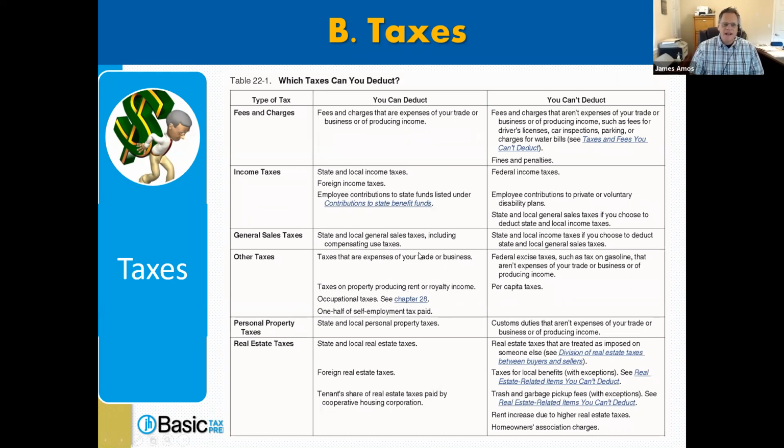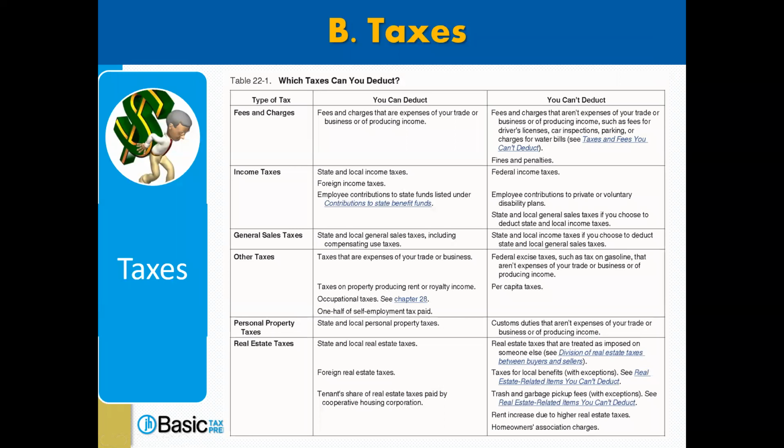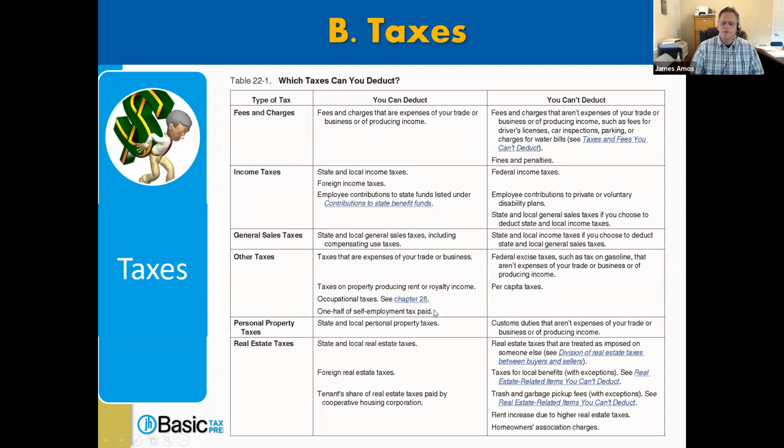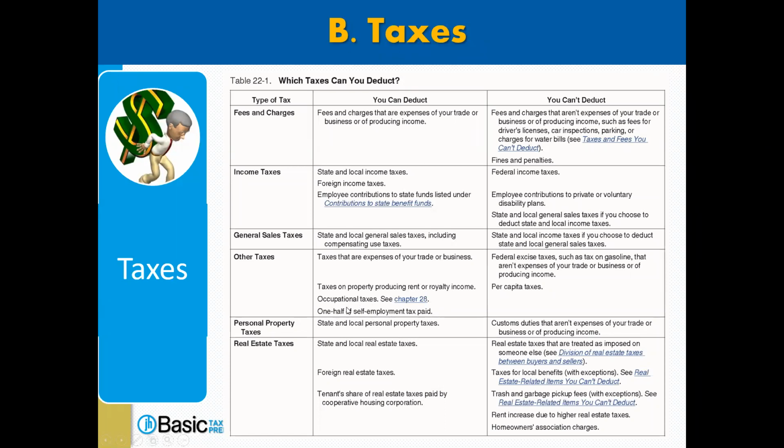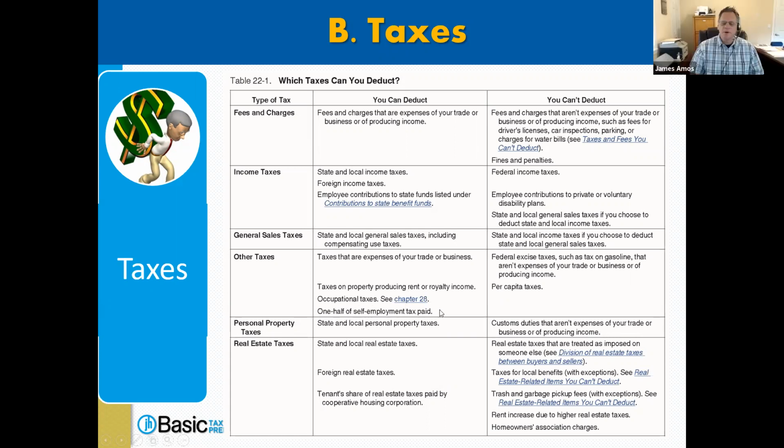There are other taxes. You can deduct one-half of your self-employment tax, but where do you deduct that? Schedule C again? No. Half of the self-employment tax? The 1040. What part of the 1040?